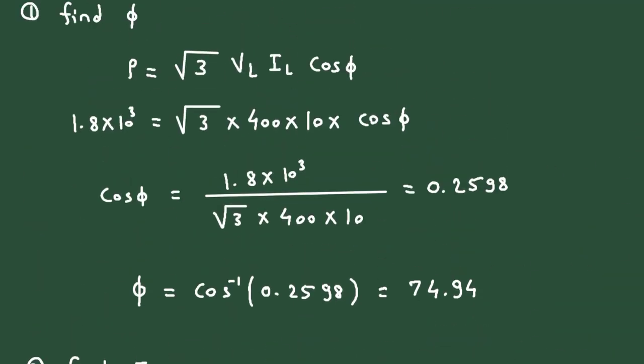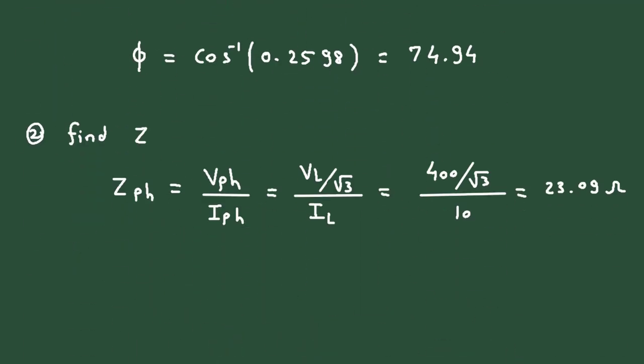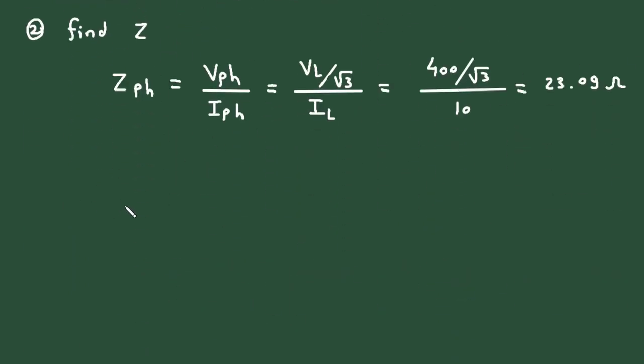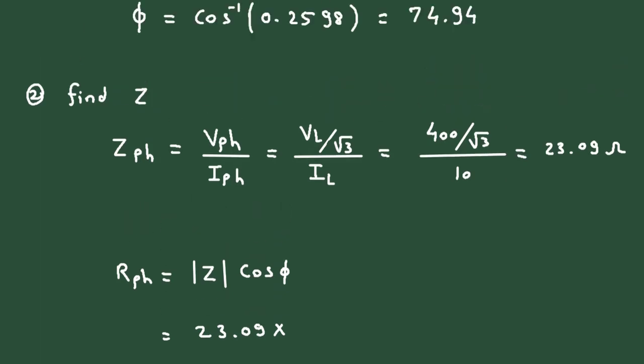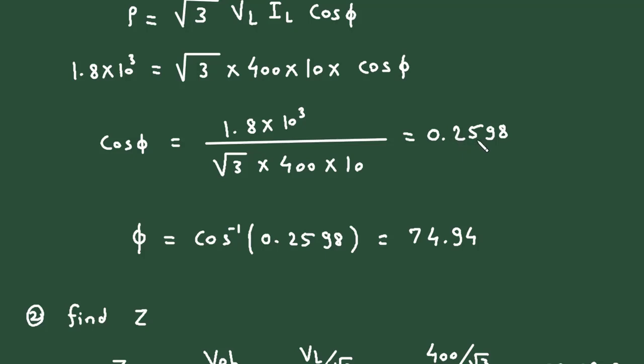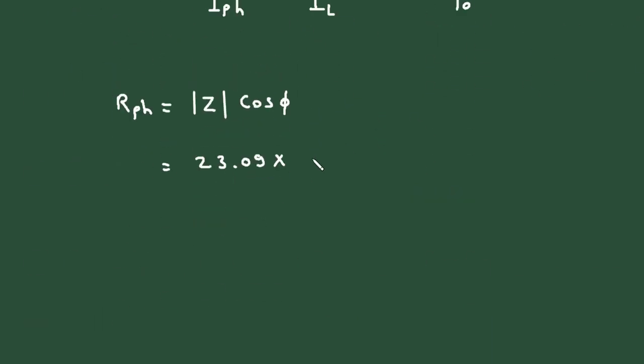Now we got the value of ZPH, and also we got the value of phi, so we can easily find the value of RPH. RPH is equal to magnitude of Z into cos phi. So let's substitute the value of ZPH, that is 23.09 multiplied by cos phi, which is 0.2598.